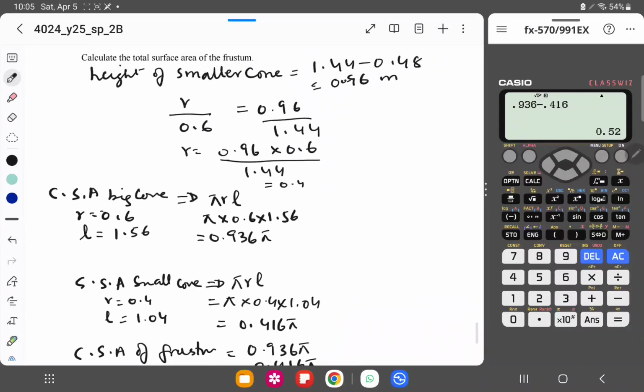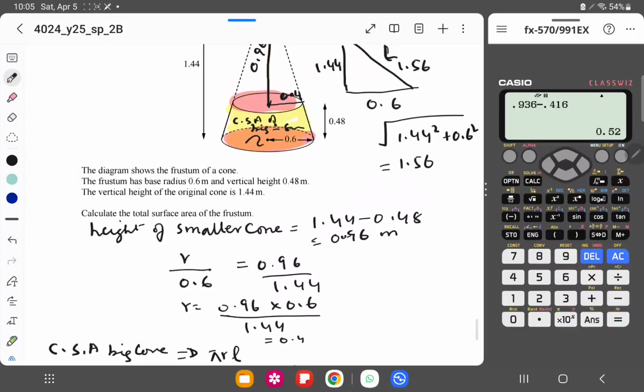Now you are going to add the area of the top and the bottom of the frustum, which are circles. We are finding the area of a circle, which is pi r square.